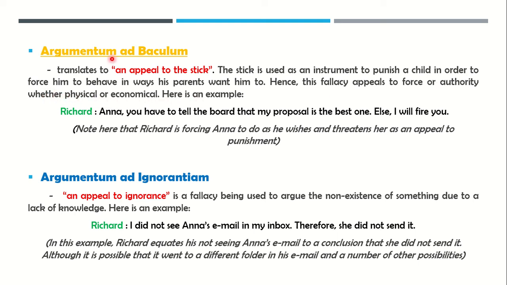So, from the word ad baculum, it is an appeal to the stick. So, something that is trying to control, or someone is trying to control an action by imposing his force or authority. Like, we have here an example.